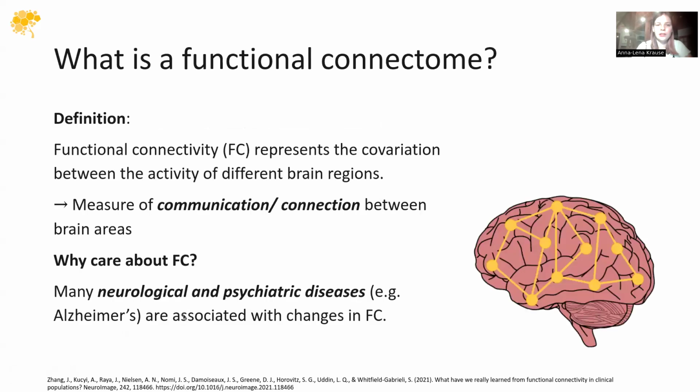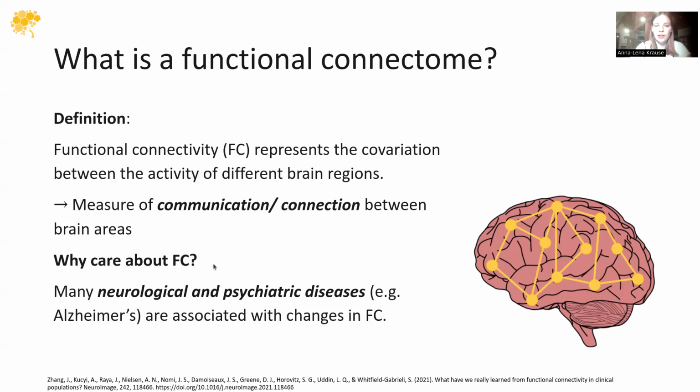So what is functional connectivity? Functional connectivity represents how much brain activity in one brain region changes together with the activity in other brain regions. So it's commonly seen or used as a measure of communication or connection between brain areas.